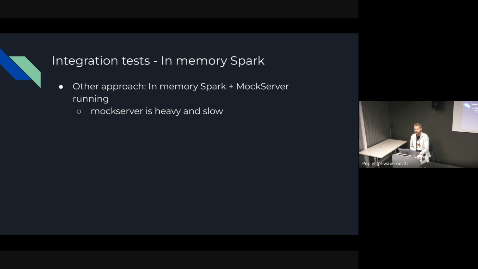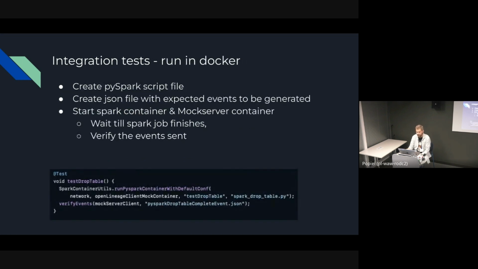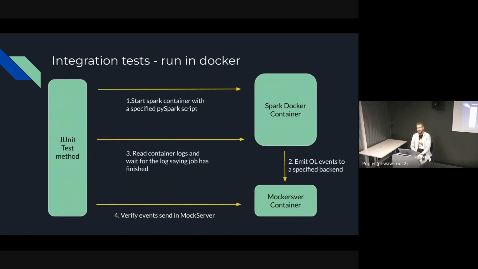The other way is you run Spark in memory, and you start the mock server to get the OpenLineage JSONs and verify if they contain what you want. However, this is heavier and slower. And you can go even deeper and write integration tests that are based on Docker. So you have a JUnit test method that starts a Spark container with a specified PySpark script, and this container computes that PySpark script.